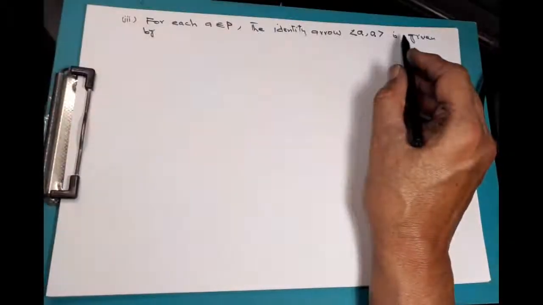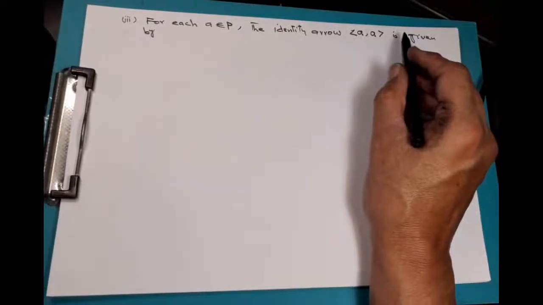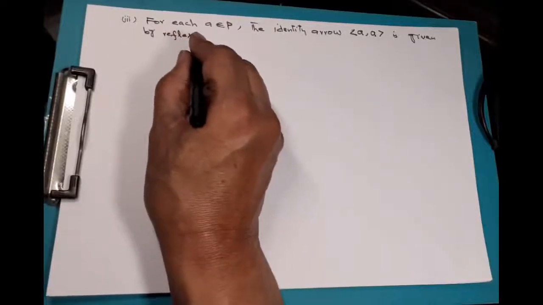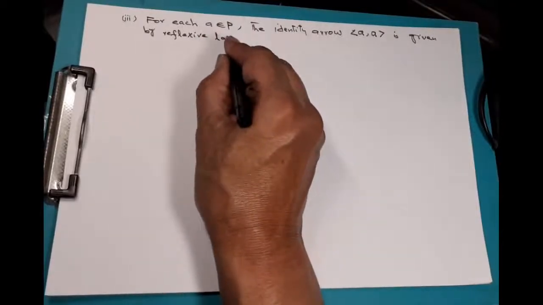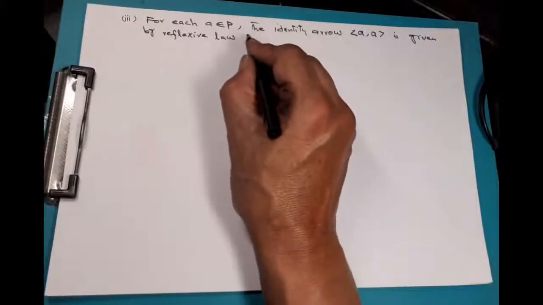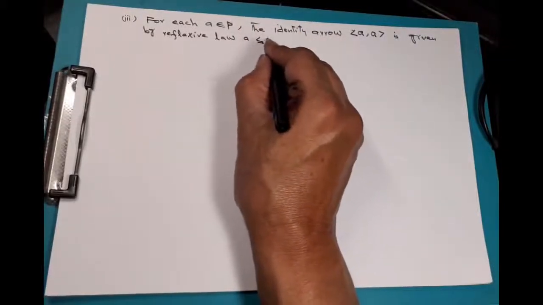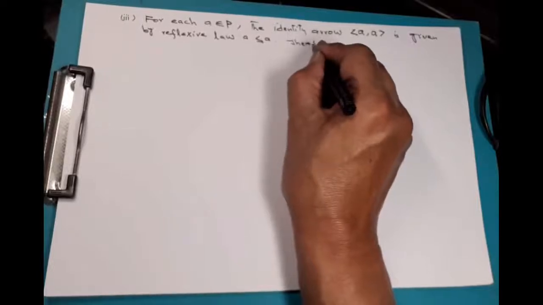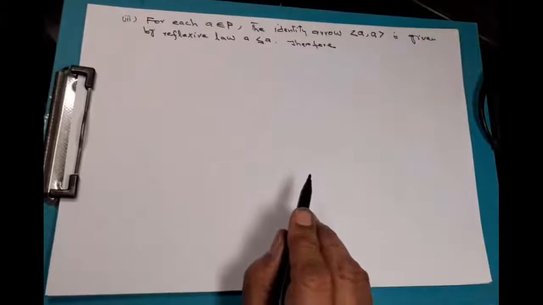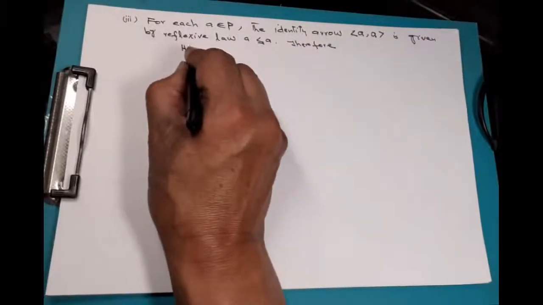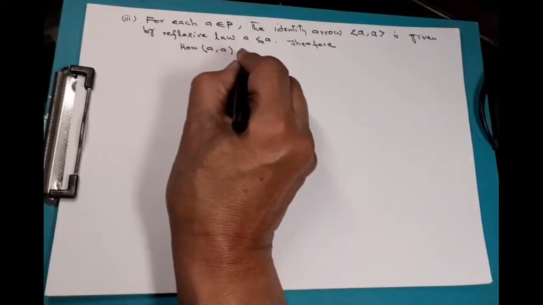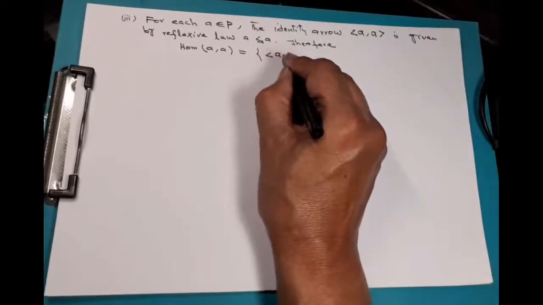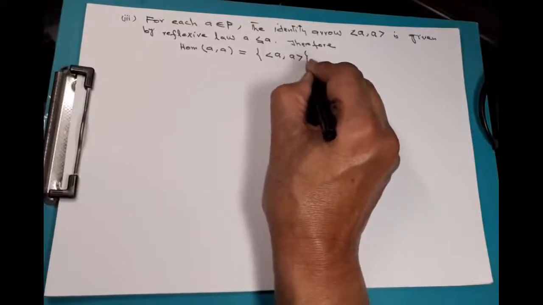So this arrow is given by the reflexive property, or reflexive law, which is A is related with A. So therefore hom(A,A) is just equal to this particular morphism AA according to our notation.